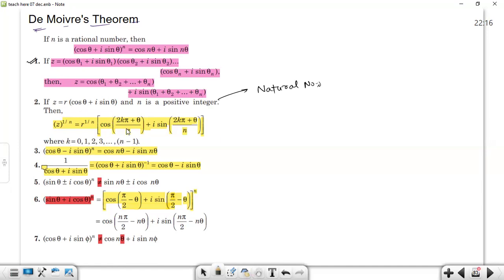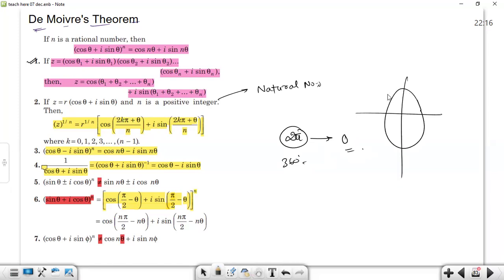Here 2 k pi, where k is also an integer. If this is 2 pi, 2 pi almost means 0, right? 2 pi is 360 degrees, a full circle, equivalent to 0. Clear? Any doubts? No, sir.